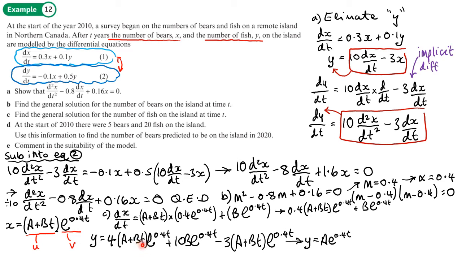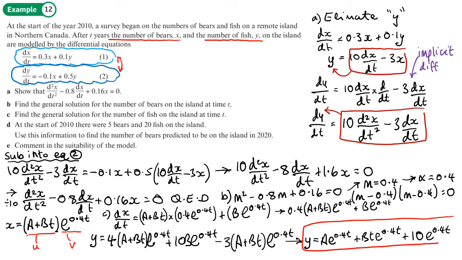With the bt terms, I've got 4 bt's here, take away 3 bt's here, so that just leaves me with 1 bt e to the 0.4t, and my b terms, well, I've got 10 of them here, so they just get added on the end, plus 10b e to the 0.4t. So maybe it's a good point here to just highlight some answers. So there's my part C answer, like this.